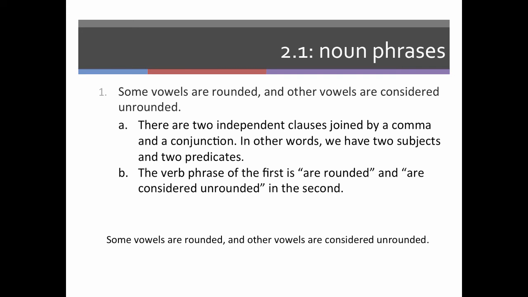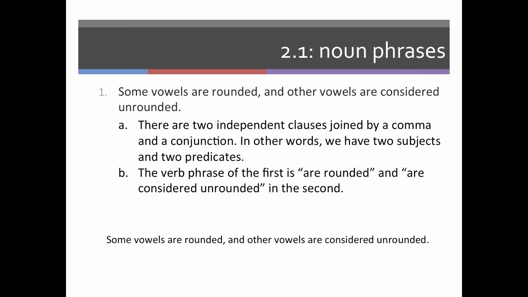Keep in mind, an independent clause is a clause that has a subject and a verb. So vowels are, okay? And plus, we have other vowels are considered in the second part. Because we have two independent clauses, these must be joined by a comma and a conjunction.